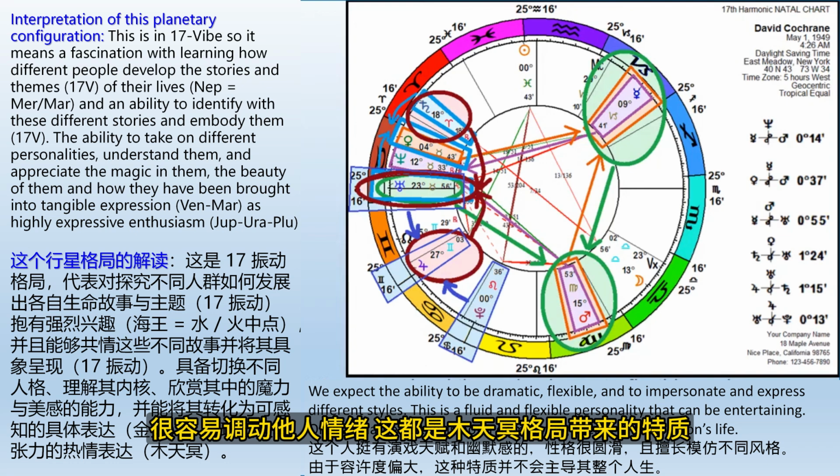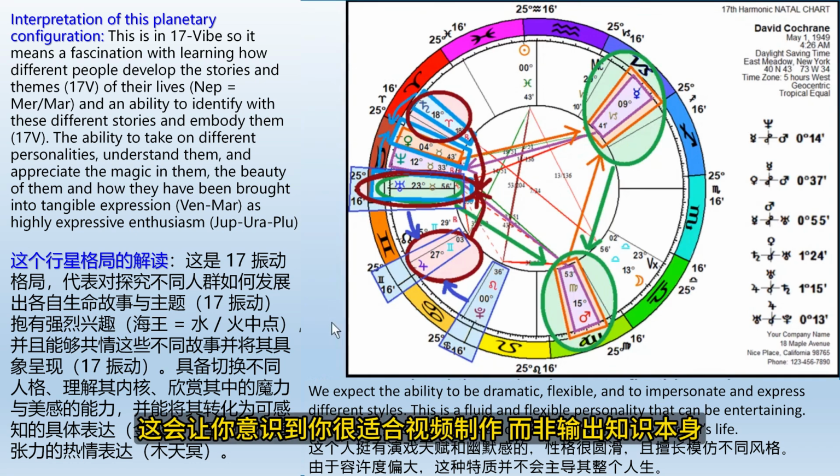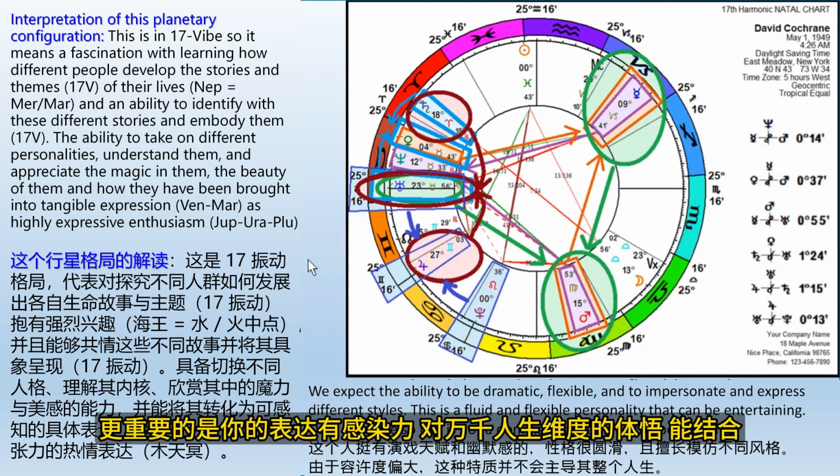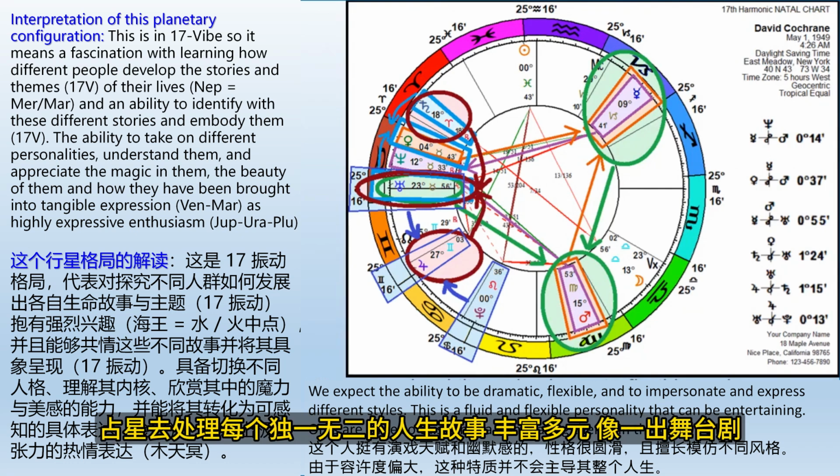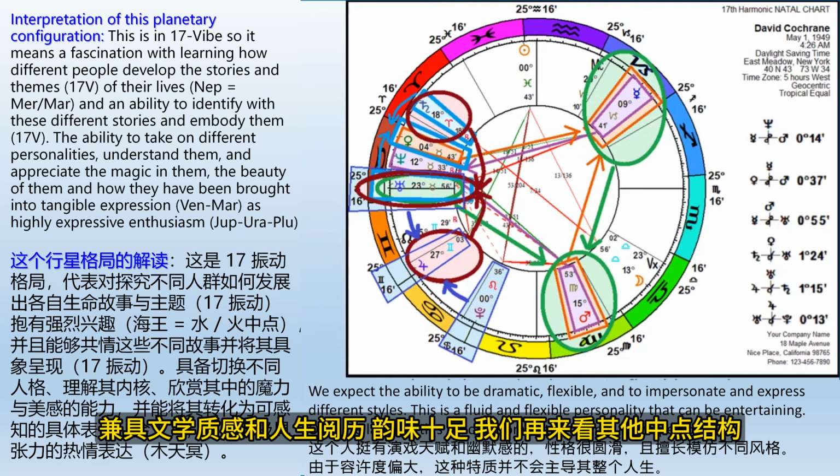You can really get people excited, Jupiter, Uranus, Pluto, and that would say, maybe you should do those videos. It's not just the information, but the way you deliver it and develop enthusiasm and the experience of these different worlds and dealing with the astrology, each person in their own unique story, the variety, the richness. It's a form of theater, of literature, of experience.